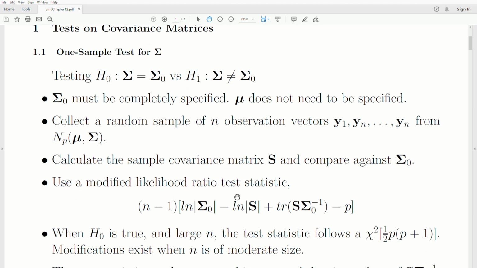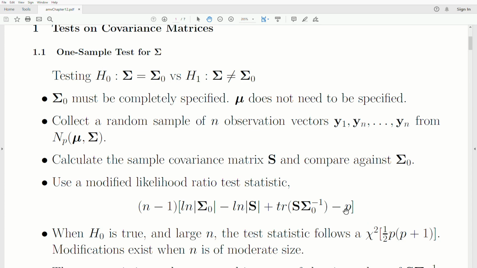Now, a modified likelihood ratio statistic is this. I think this should be an N, but they put an N minus 1 there. And this is it. And it can be shown that when H naught is true and the sample size is large, the test statistic follows a chi-square distribution with p times p plus 1 over 2 degrees of freedom.